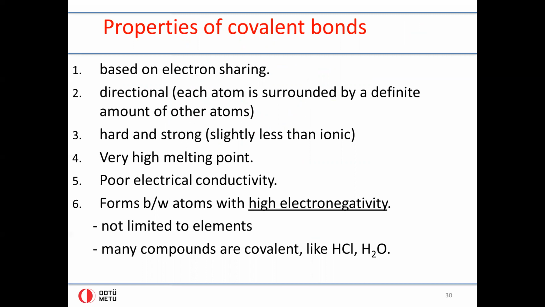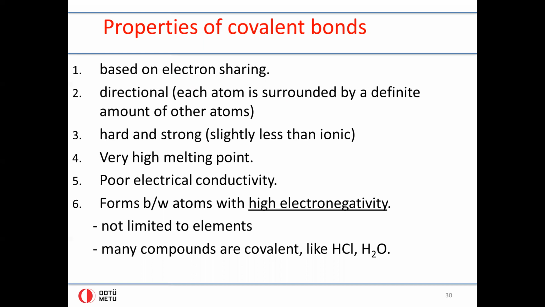They have to be arranged in a certain fashion, and each atom needs to be surrounded by a definite number of other atoms. Again, this bond is hard and this bond is strong, and it's not written here, but this bond is also brittle. So generally, this bond is brittle. It's not able to increase its length without breaking, etc.